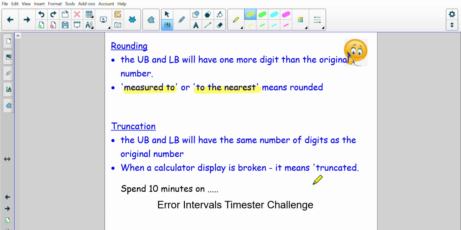In truncation, the upper and lower bounds have the same number of digits as the original number. Normally a question would explicitly specify truncated, but if it talks about a broken calculator display, that means you're working with truncated numbers. So just make a note of that, and then I would like you to spend 10 minutes on the error intervals times to challenge, paying particular attention to whether numbers are rounded or truncated.